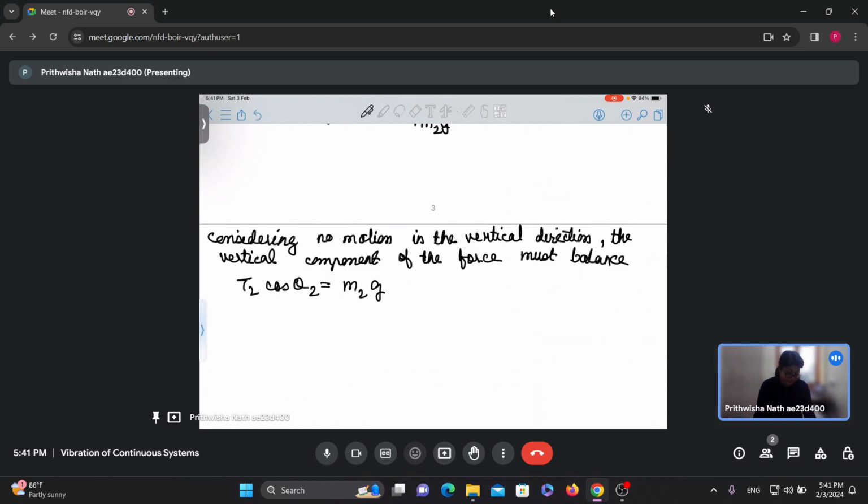Similarly for the mass M1 we can write T1 cos theta 1 equals M1G plus T2 cos theta 2.